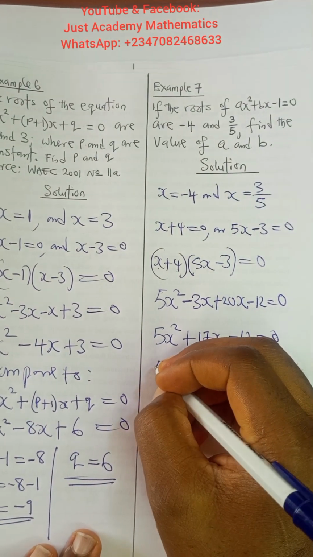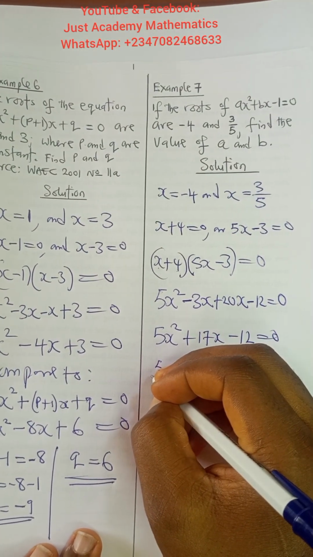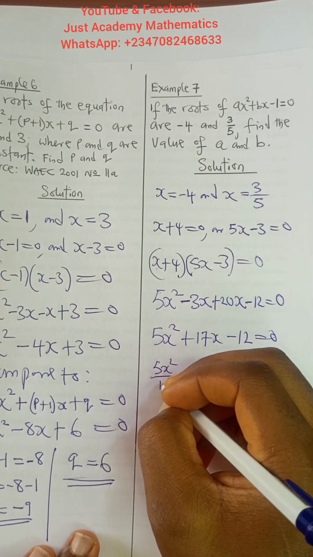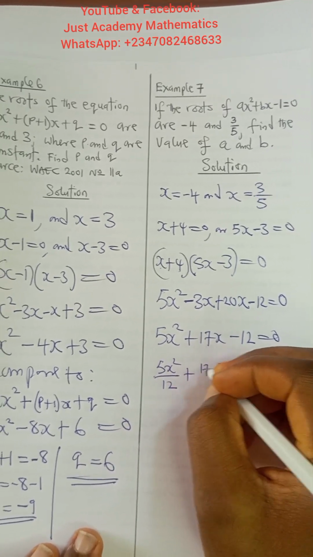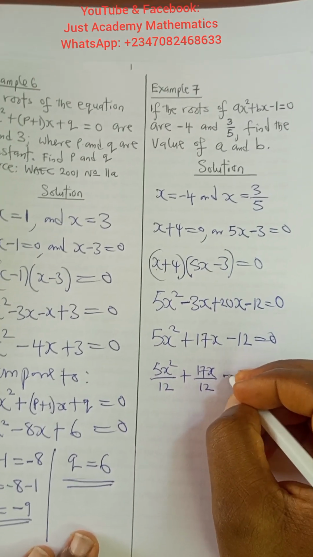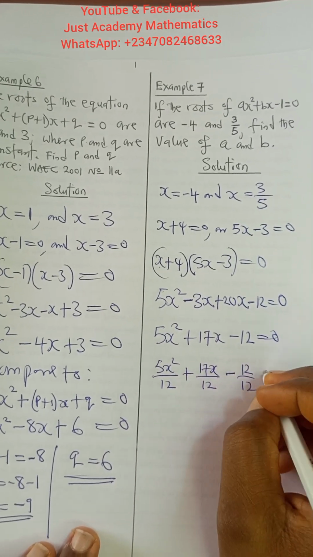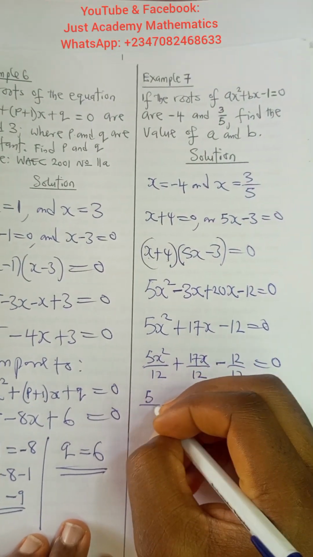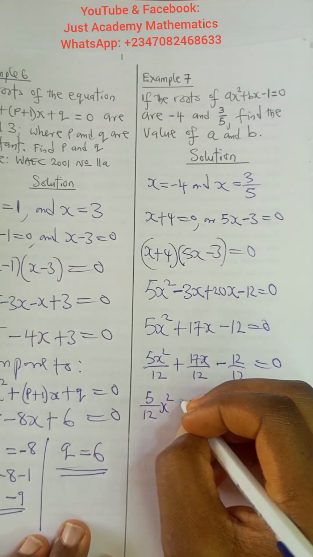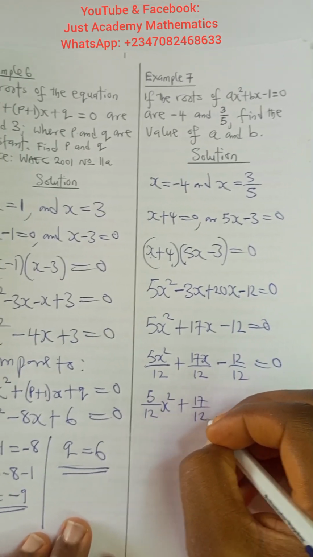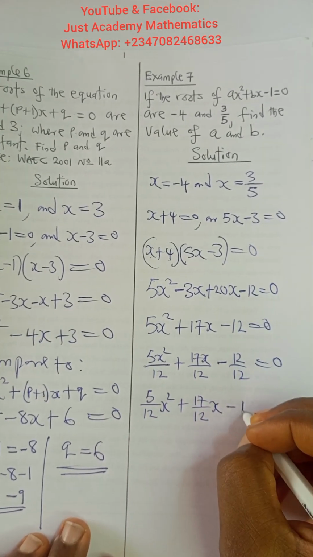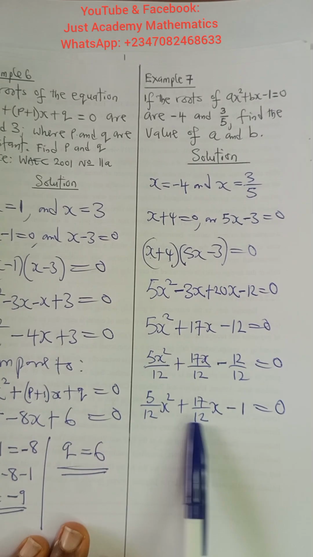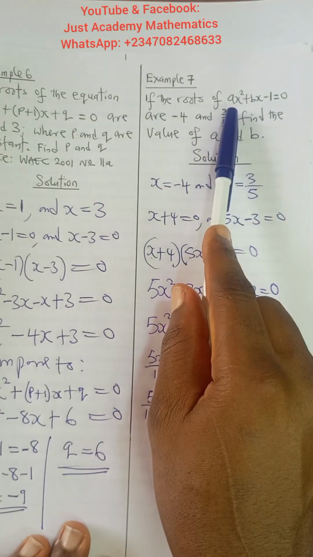So we have 5x squared over 12 plus 17x over 12 minus 12 over 12 is equal to 0. So here now we are saying that 5 over 12 x squared plus 17 over 12 x minus 1 is equal to 0. We have succeeded in making this equation look like this.